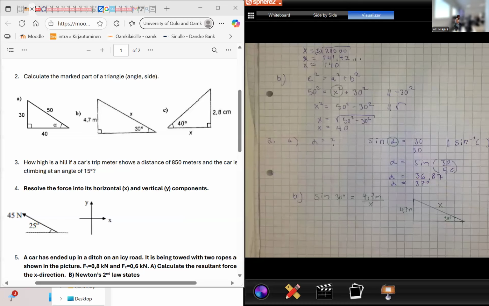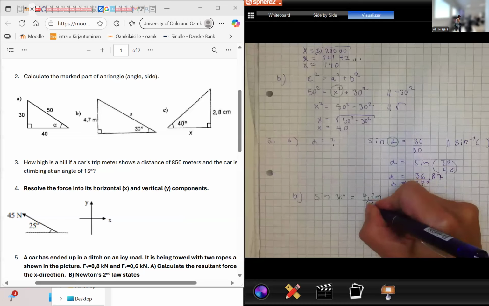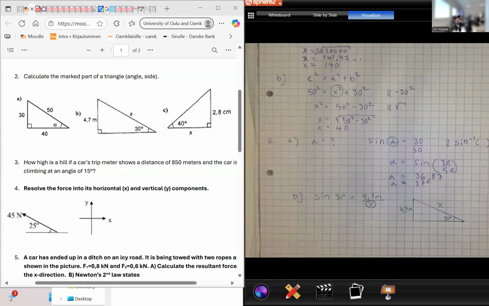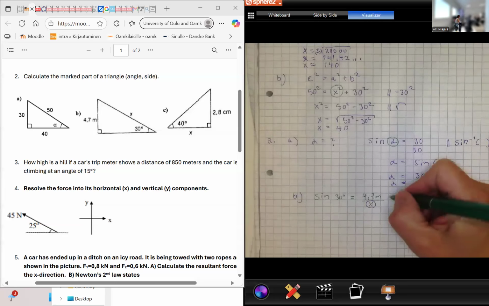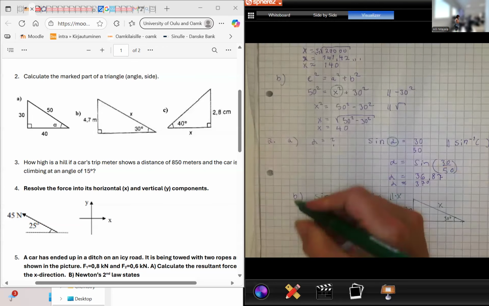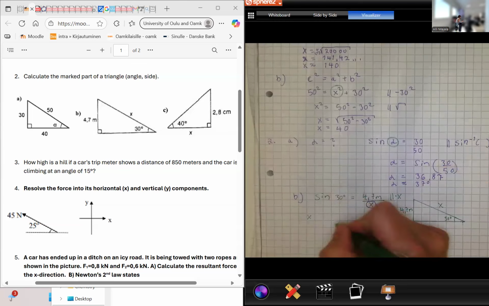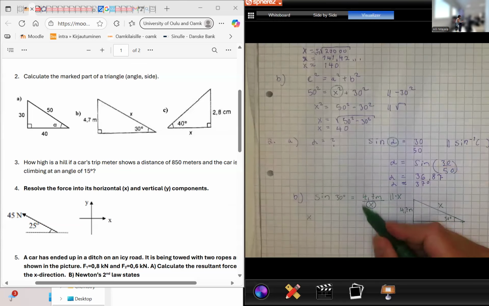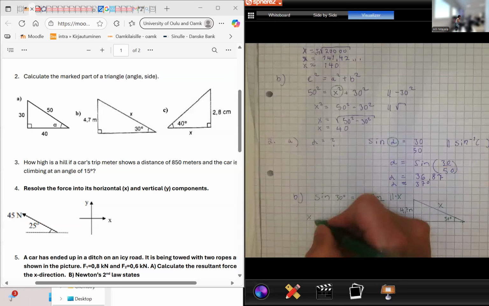And then you just have to solve it. So you can, for example, multiply it. You get it away from there. It's already a better situation. So I multiplied, I got it away from the denominator.